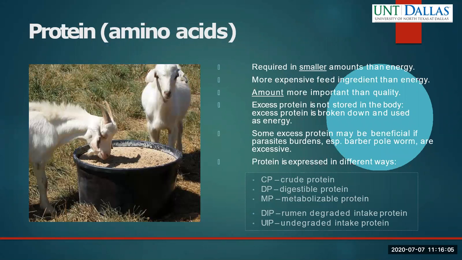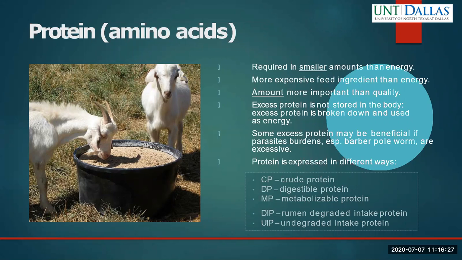Moving to the proteins, as ruminants, sheep and goats rely on the microbial population in their rumens to manufacture many of the amino acids and vitamins that are required for desired production. Therefore, we may say that the quantity of protein in the diet is more important than the quality of the protein.